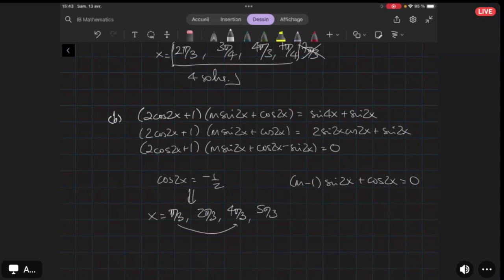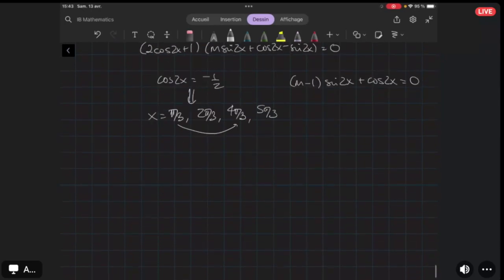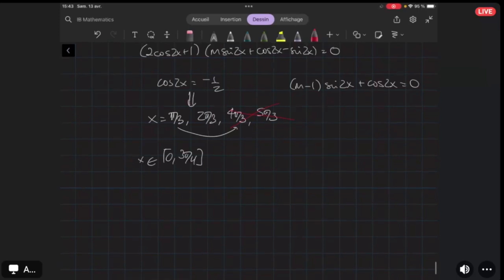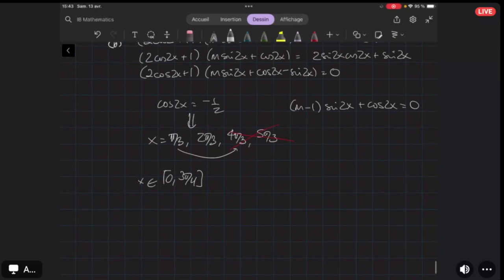What's the interval again? 0 to 3 pi over 4. We do not need any other solution. Now, these two equations combined should give you 3 solutions.